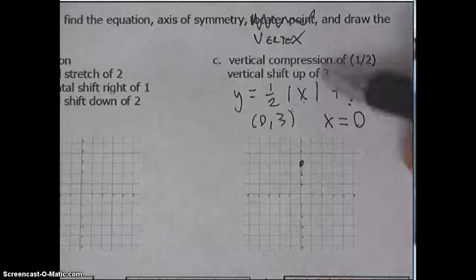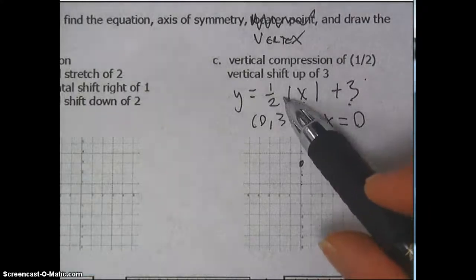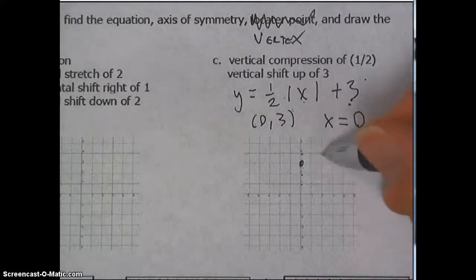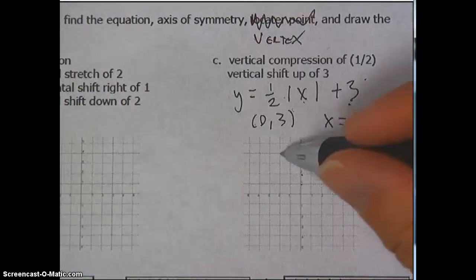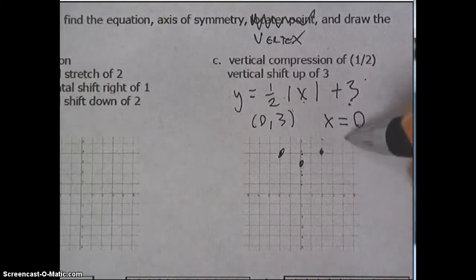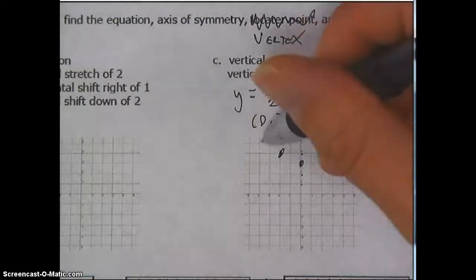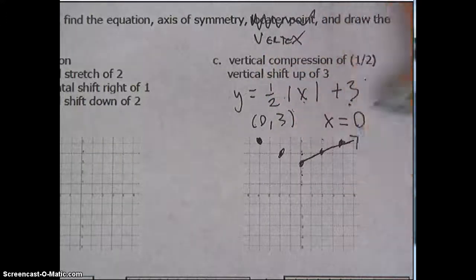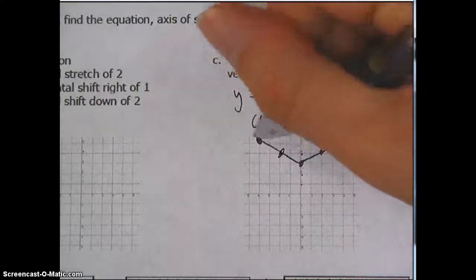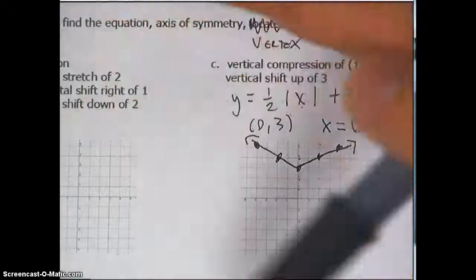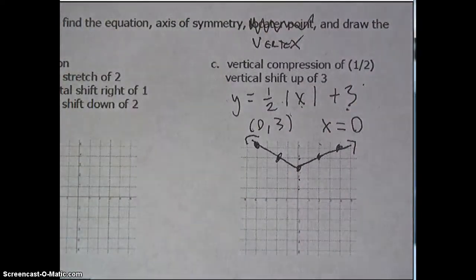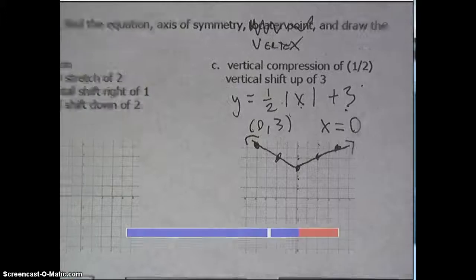All right, so I've got my vertex, and now I've got a vertical compression of 1/2, which means I go up 1 over 2 in both directions. So if I draw in this line, you can see that I've kind of taken the absolute value and pressed it down. I've compressed it in the vertical direction.